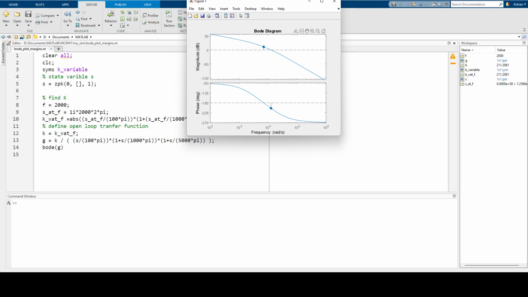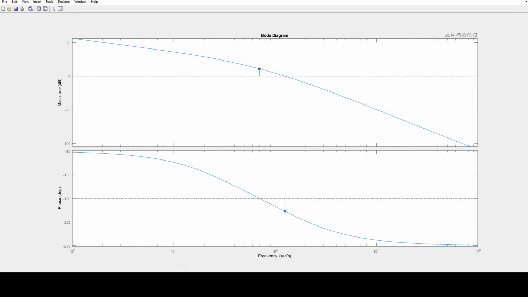Yes, it's basically what we have around here. It's just that it's really hard to put it right at 0 dB because it is pretty small. But we know that around here we're getting our 4000 pi in our frequency, and we are crossing at that frequency that made us go below.